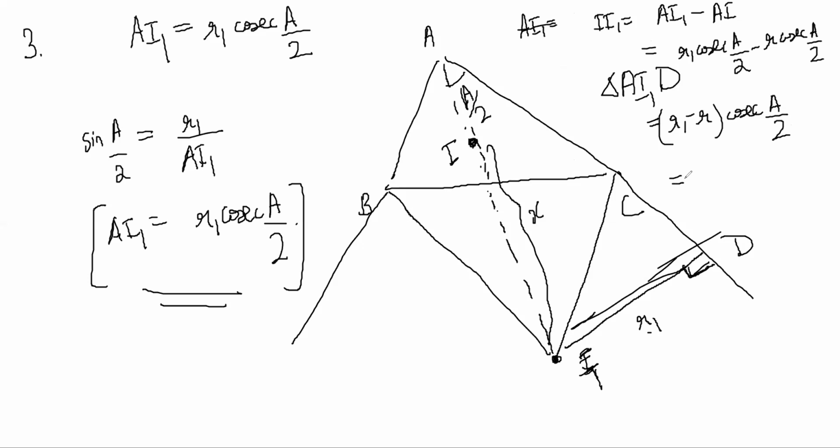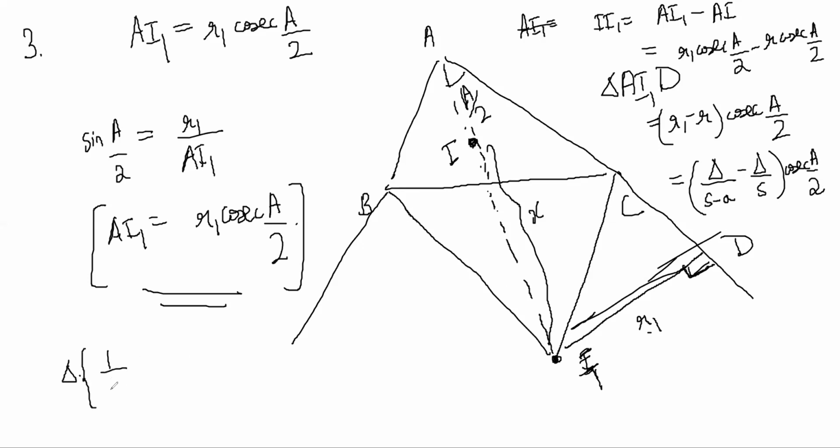Now, R1 minus R you can write in multiple ways, but one way that we can write is del by S minus A minus del by S, times cosec A by 2. Let's try and get this. The del comes out common.